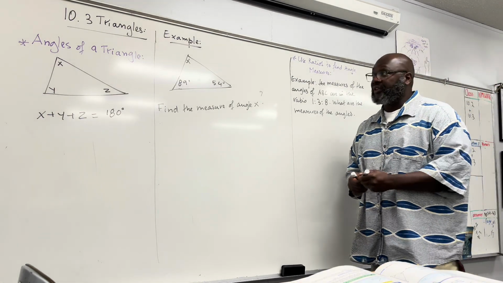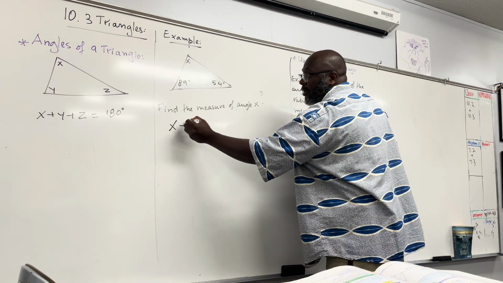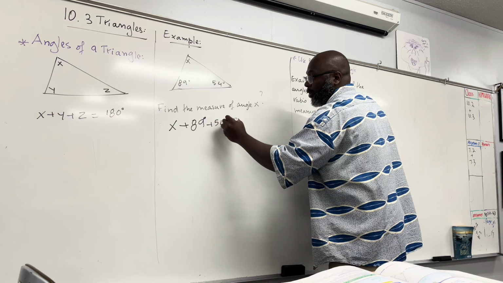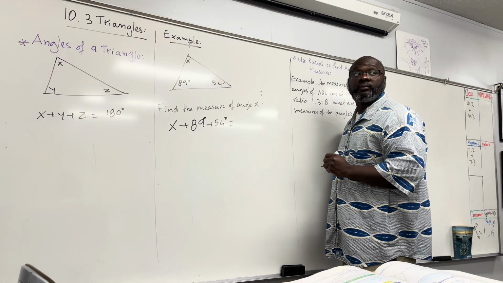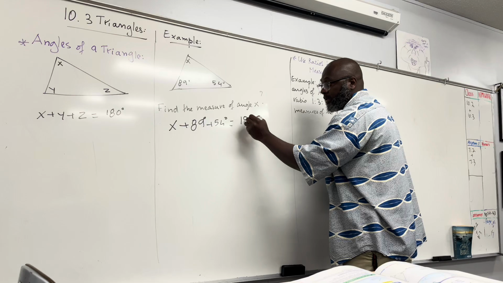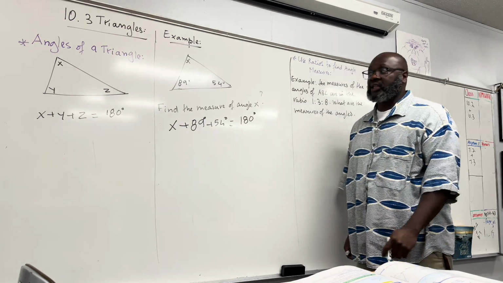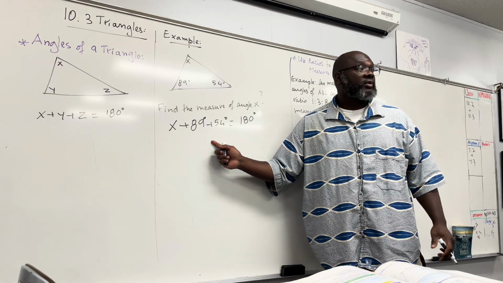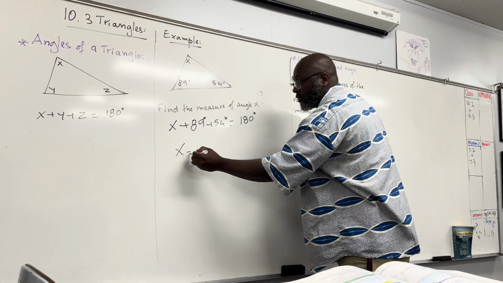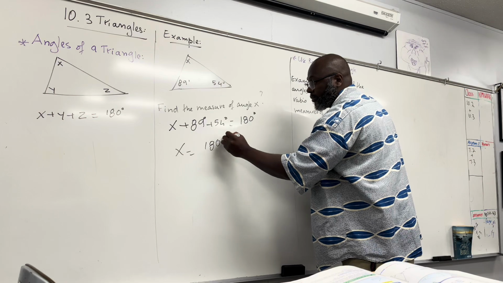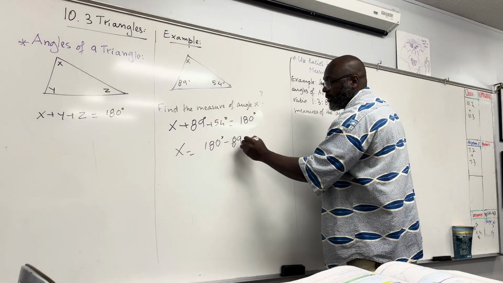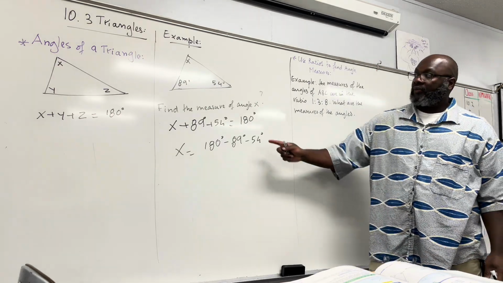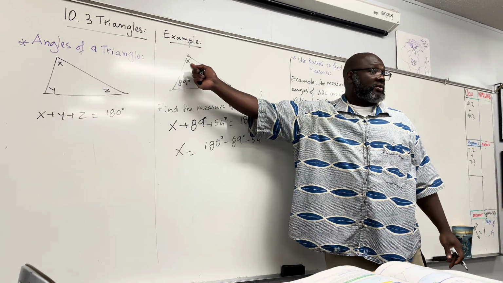Because we know that by definition, x plus 89 plus 54 is going to be equal to 180. So to find x, we just need to take away these 2 angles from it. So x is going to be equal to 180 minus 89 minus 54. And that should give you the measure of the 3rd angle x that we are looking for, right?